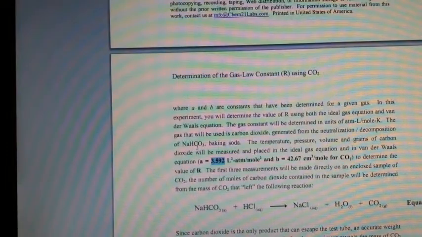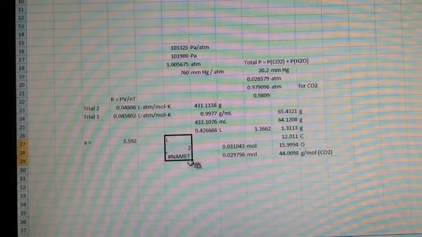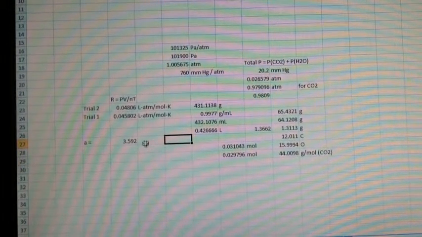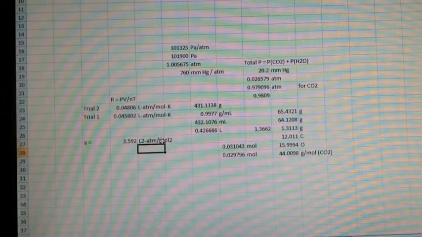And the units are liters squared atmospheres per moles squared. It looks something kind of like that.